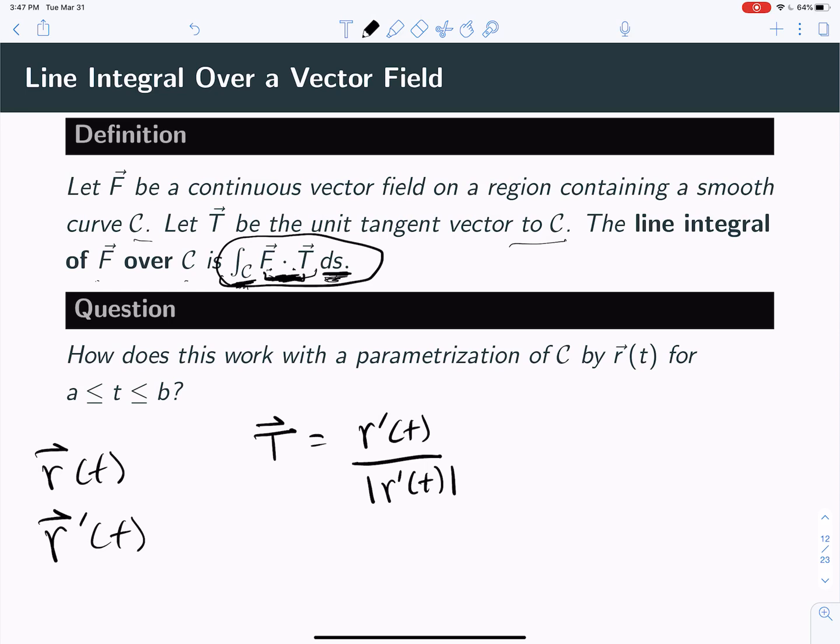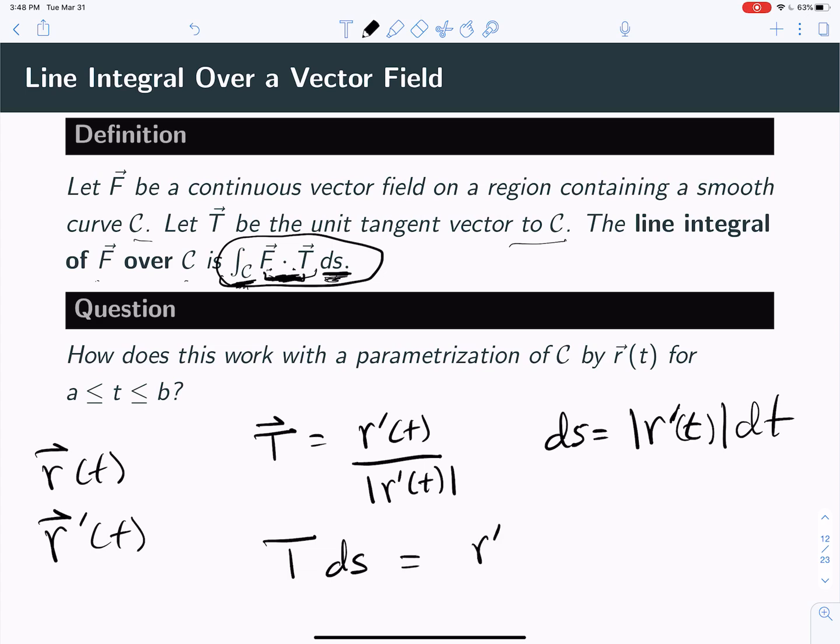That's what the tangent vector is. And ds is the length of the velocity vector dt.